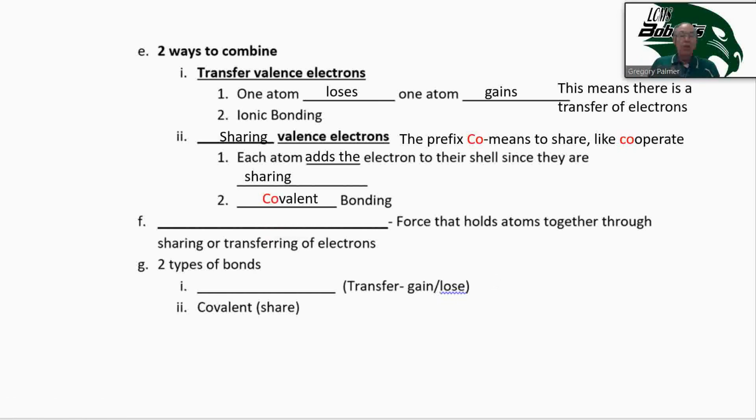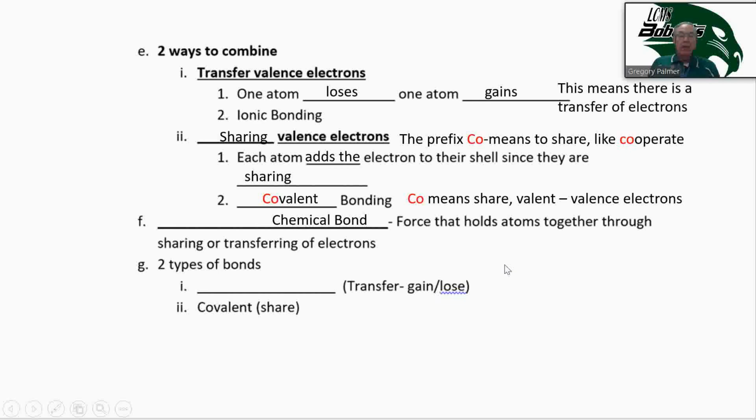So it's called covalent bonding. And I put the prefix co here in red because the prefix co means to share. And so what are they sharing? Covalent means sharing valence electrons. So co means to share what? Valent electrons.